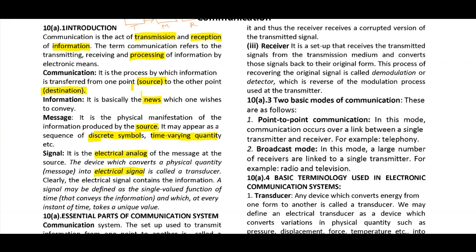The device which converts one form of energy into another, in this case a sound signal or any other physical quantity, maybe even a video signal, into an electrical signal is called a transducer. The output of a transducer is an electrical signal.